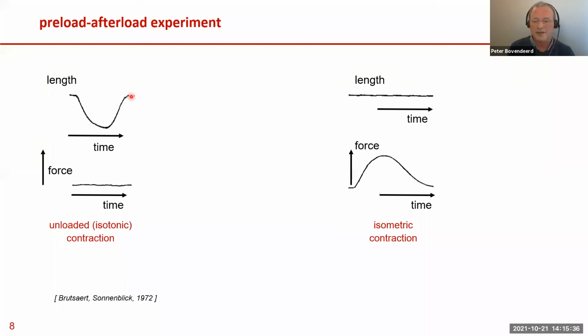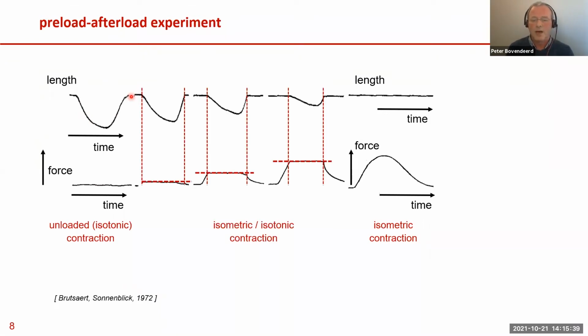And then there are various interesting situations in between where we switch from this type of contraction to this type. So this is isometric, constant length. This is isotonic, constant force, essentially about 0 on the left-hand side. And here you see a combination of the two. Maybe this one is most clear. So what do we have? First this isometric contraction, the length is constant, and then starting at a certain force level, which we call the afterload force level, they switch from the isometric mode to an isotonic mode.